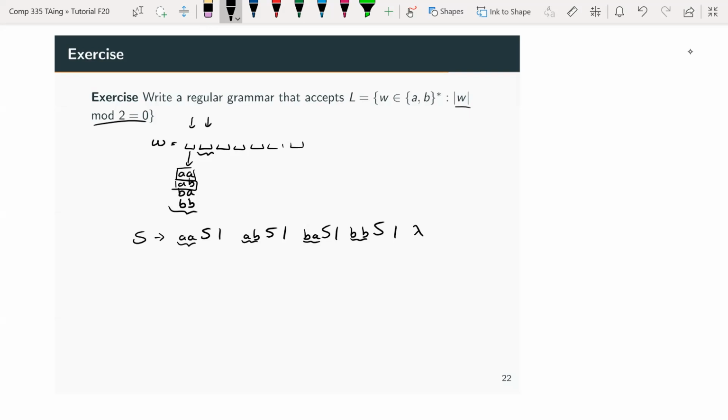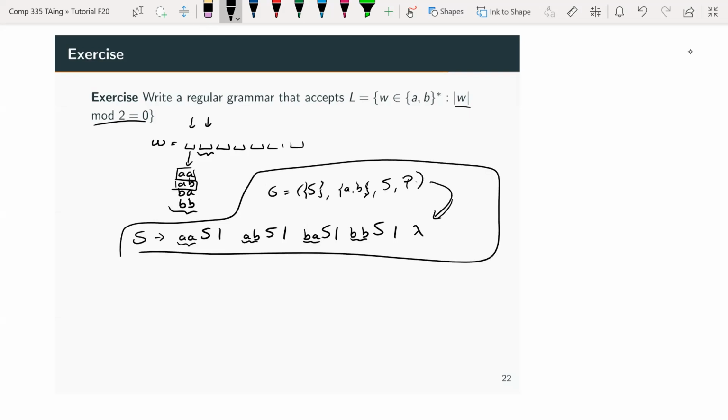Okay, and so writing G as the set of variables S, the set of terminals A B, the start variable is S, and the production rules P are here. This gives me a grammar G such that L(G) equals L, right?